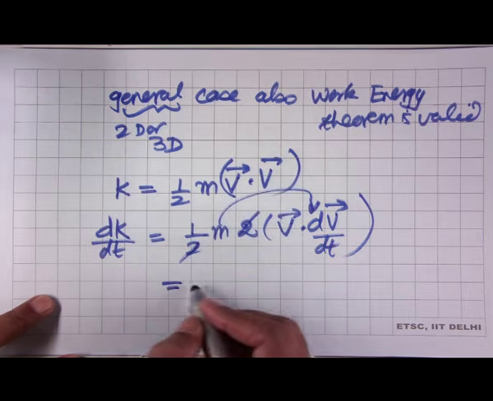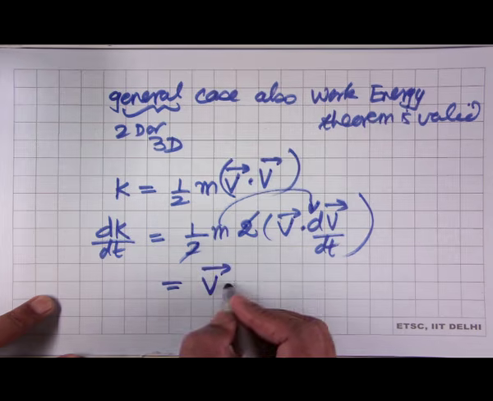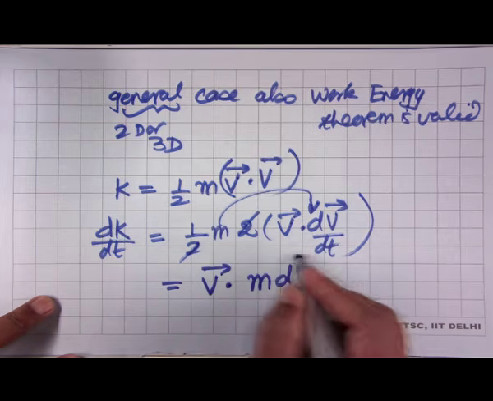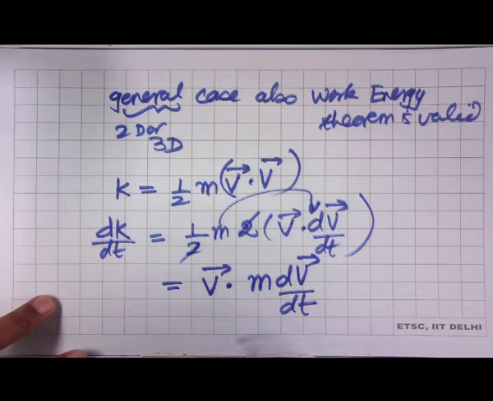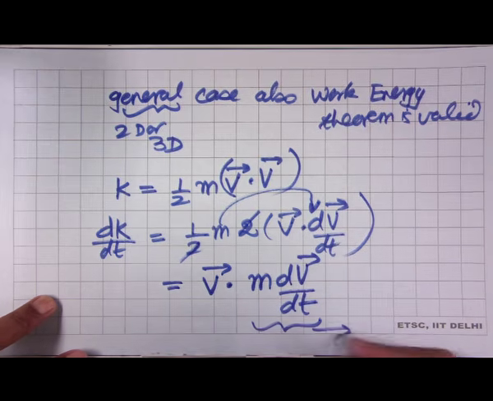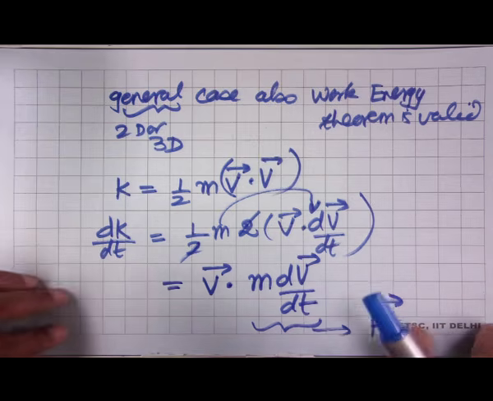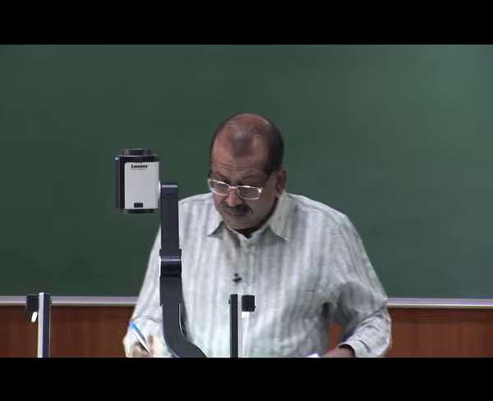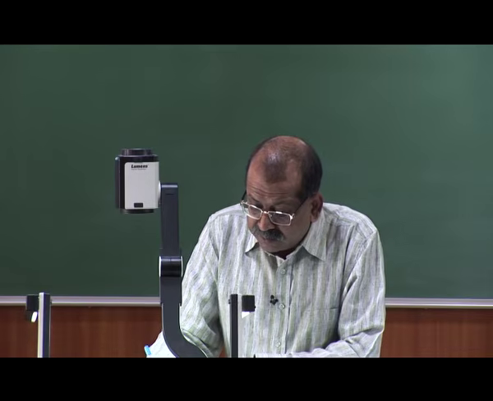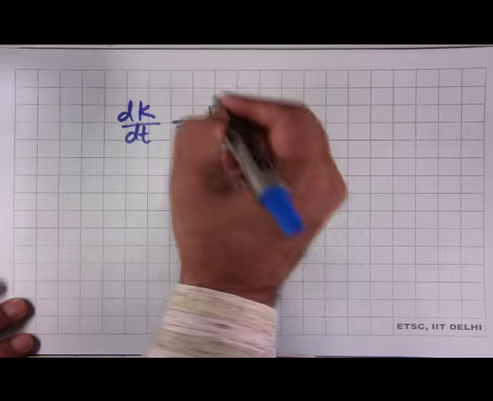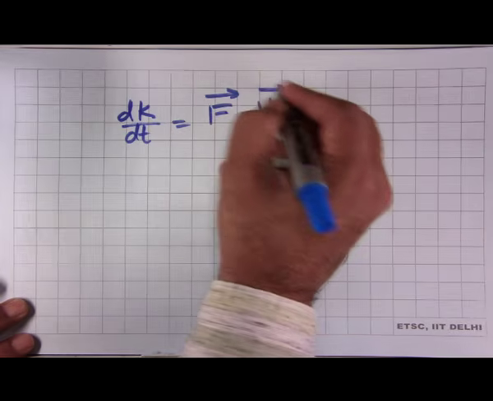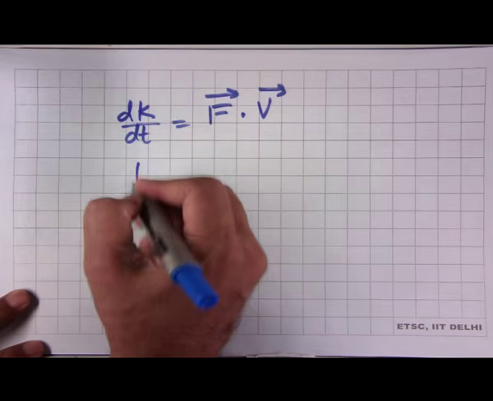So this will become equal to v dotted with m dv by dt, and m dv by dt is nothing but F, and what we get is dK by dt is equal to F dotted with v.